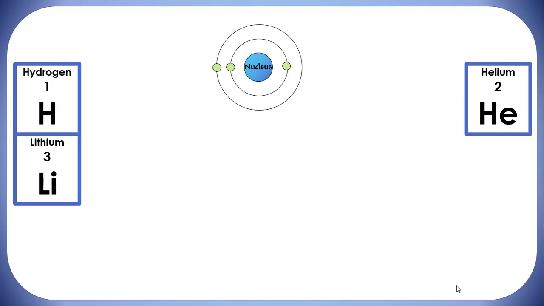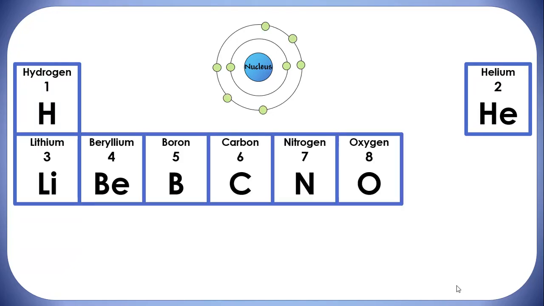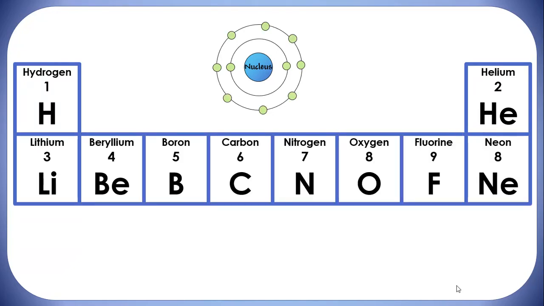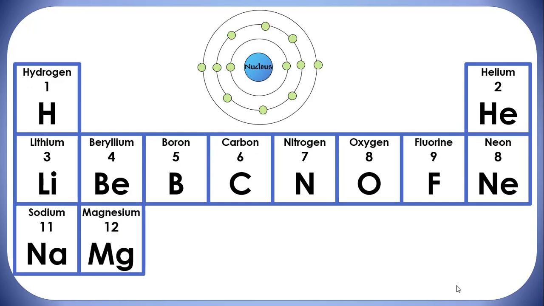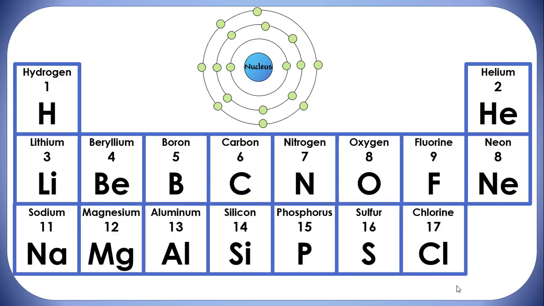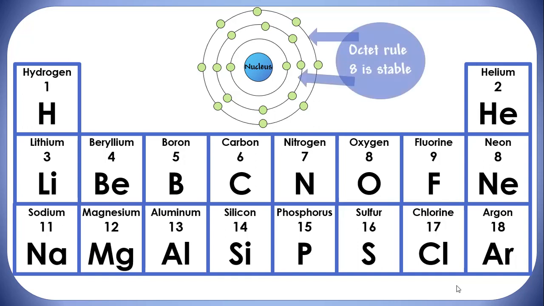The second shell is full with 8, which is why in the second row of the periodic table there are 8 elements, ending with neon. The third shell is a little tricky, but all you need to know for now is that it is also stable when it has 8 electrons in it. The fact that the second and third shells are both happy with 8 electrons is called the octet rule.